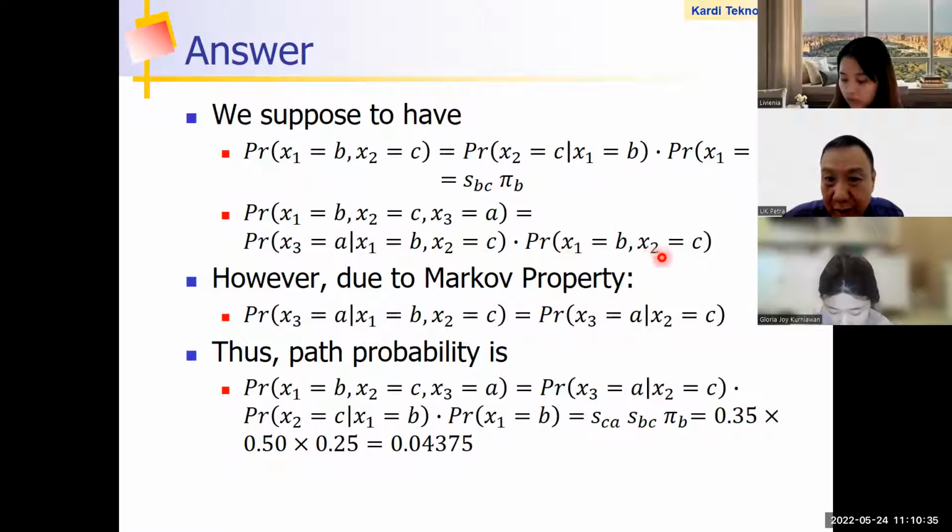With this x1, x2. Can you see this or not? This is the actual thing that you need to calculate. Okay, you're supposed to have this. Okay. However, look at this.